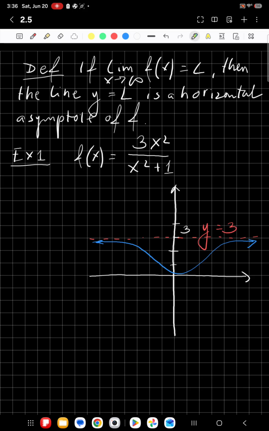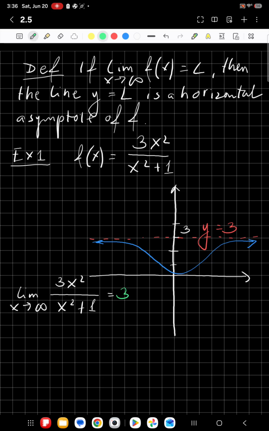So one more time, x is approaching infinity. If we took a limit with x approaching infinity of 3x squared over x squared plus 1, that limit equals 3.